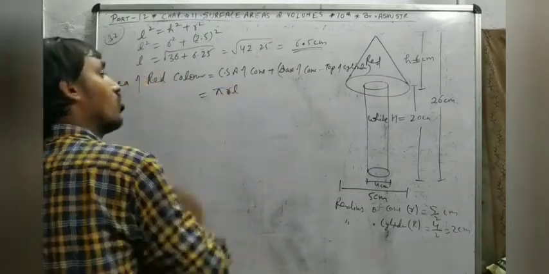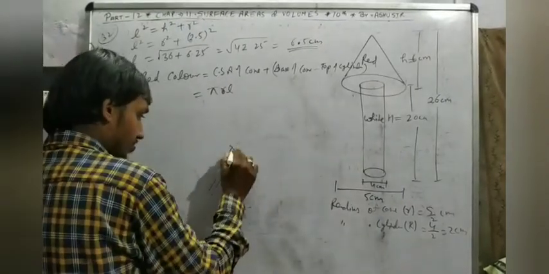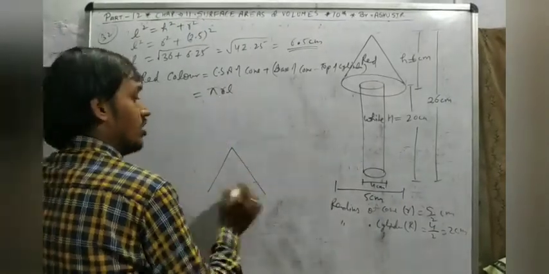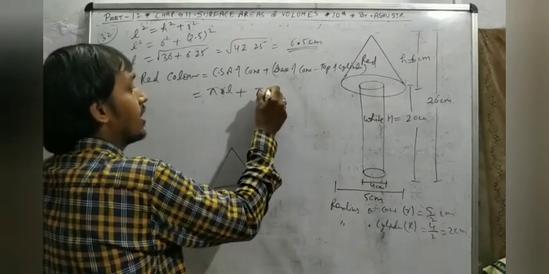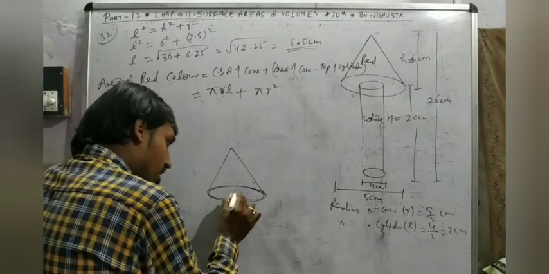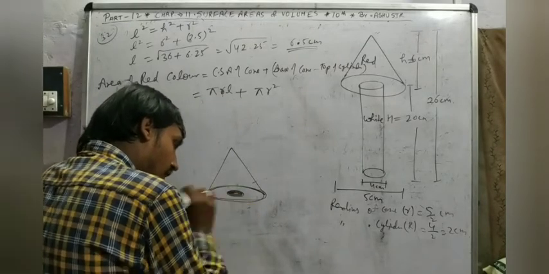The cone base is pi r square, but here this is pasted, so this is not painted with any color.